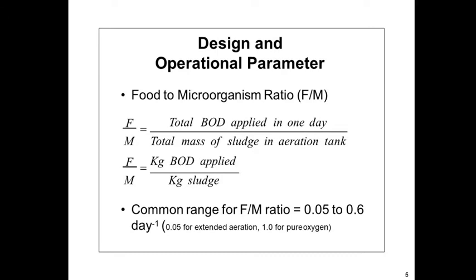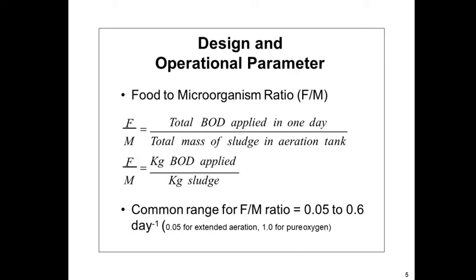Organic loading or volumetric loading is the kg of BOD applied per unit volume of the aeration tank, or kg of BOD applied per day. Whatever amount of BOD is applied to the aeration tank is called volumetric loading or organic loading. It is the BOD in mg per liter times the flow in liters per day, which can be converted into kg per day.